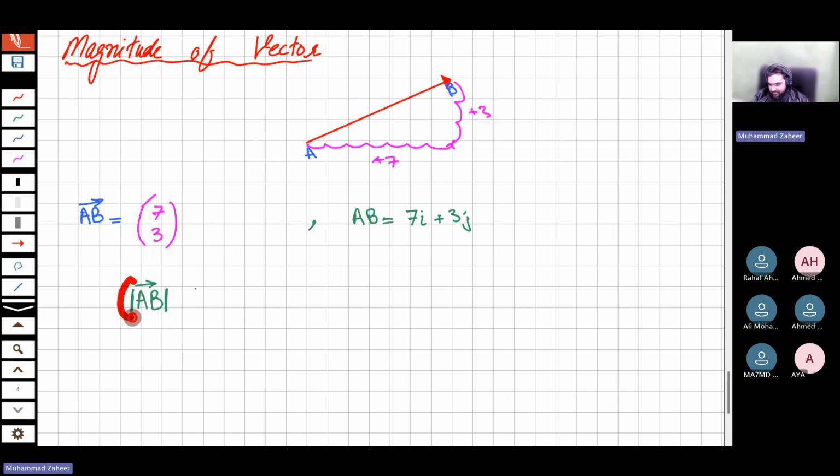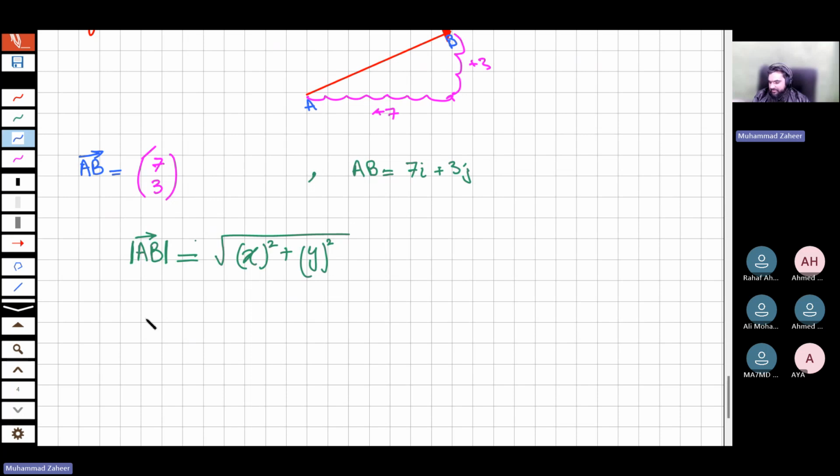When you make these lines, this is the representation for the magnitude, and that will be equal to the root of the x value squared plus the y value squared. If you have done coordinate geometry, it is exactly the same.